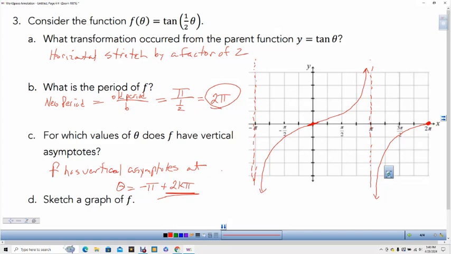That's all it is. If you absolutely need to, you can go over here and plug some values in and get some points. It's not necessary though. If they say sketch, they're literally talking sketch. Give me an idea of what this thing's supposed to look like. Don't give me one necessarily that has exact points that have to be in exactly the right place. The key points have to be in the right place, and these vertical asymptotes have to be in the right place.